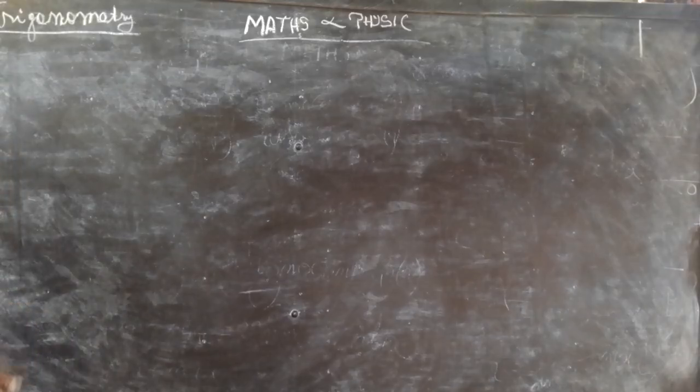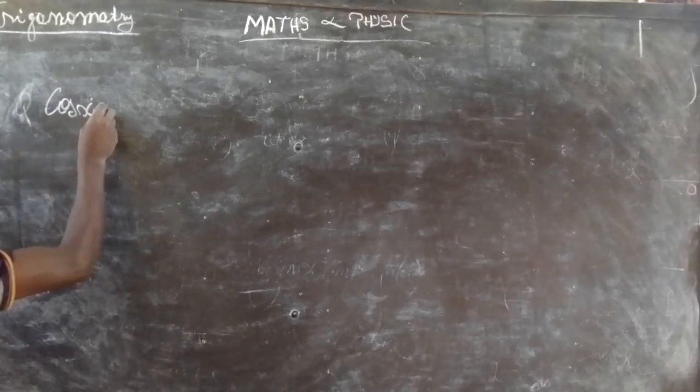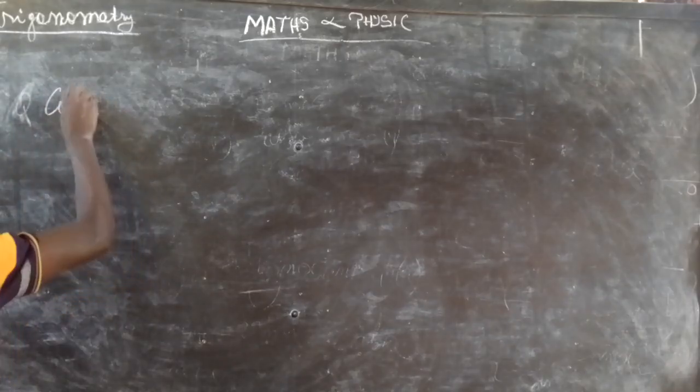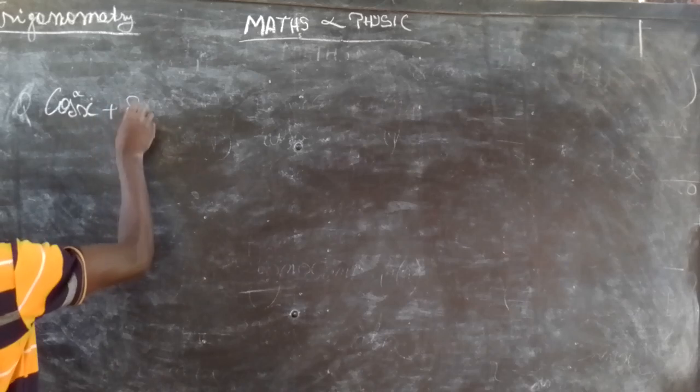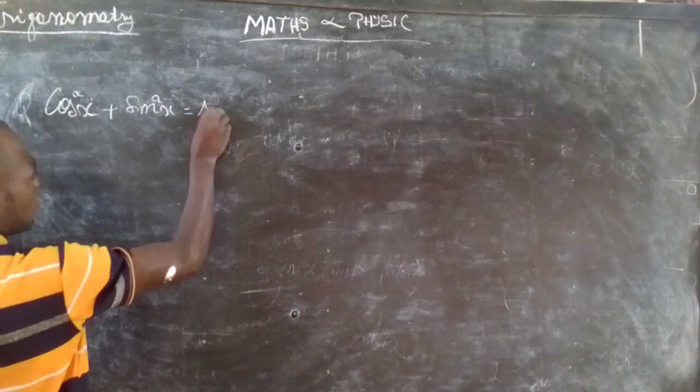A half formula angle, first of all we have to know the fundamental equation, which is cosine square x positive sine square x equal to 1.